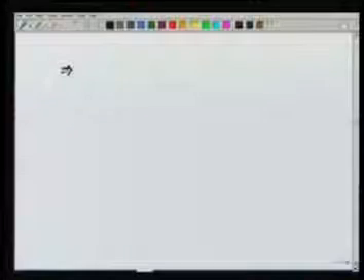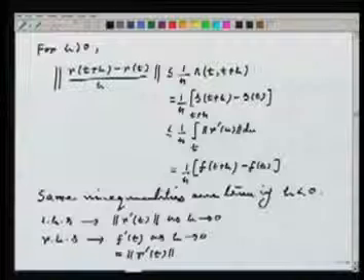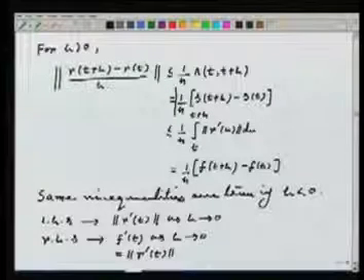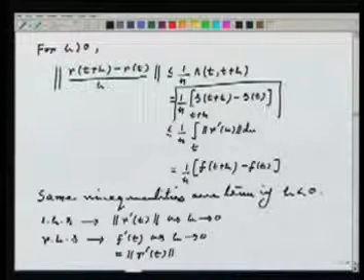That implies then, I look at what is the middle quantity, that is this one. This is the middle quantity.